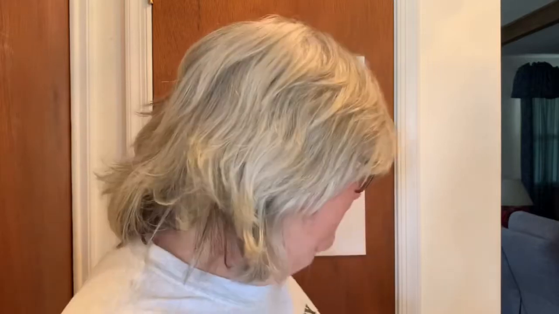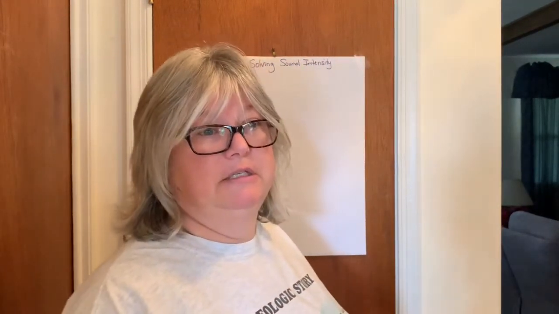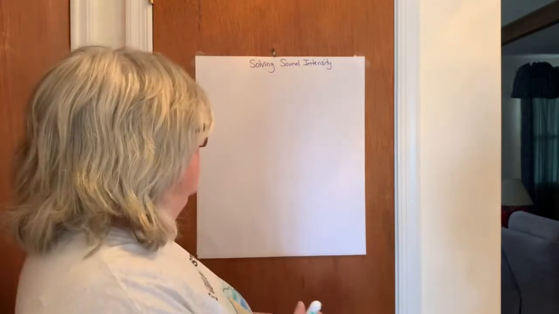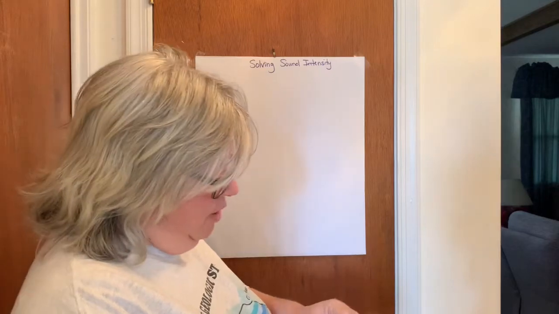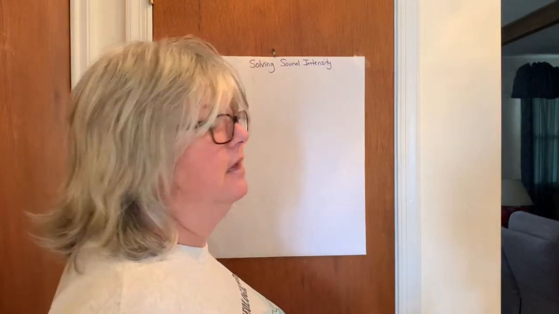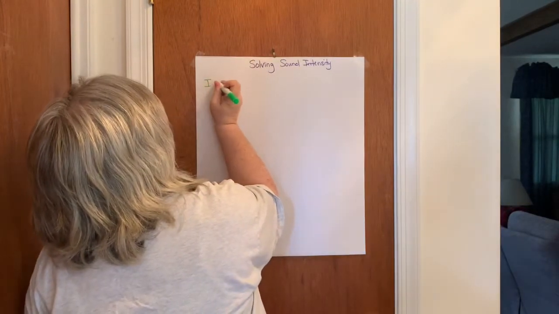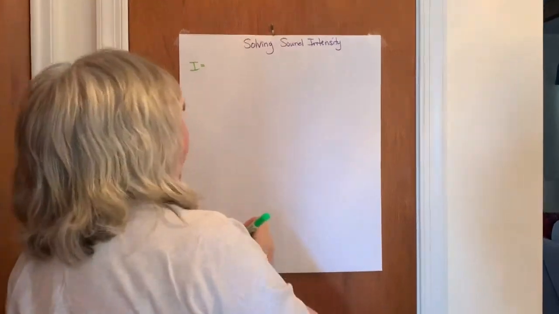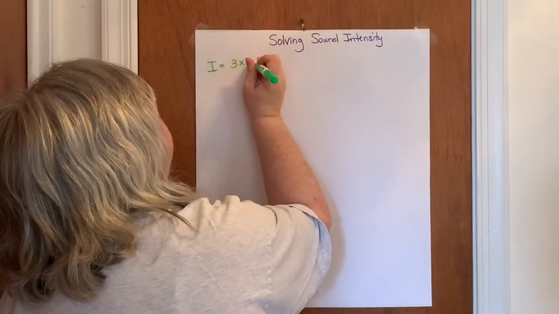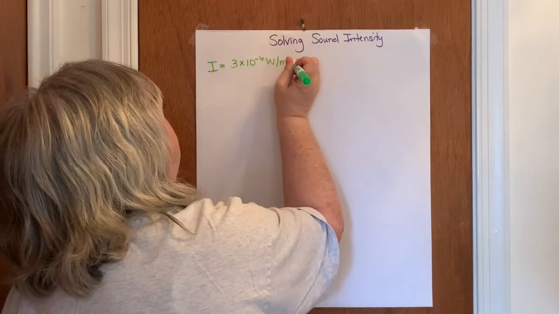So how do we figure that out? Well, let's do an example problem. I'm going to do a conversion to the decibel system and then from the decibel system. Let's say we're told that we have a sound with an intensity of 3 times 10 to the negative 6 watts per meter squared.